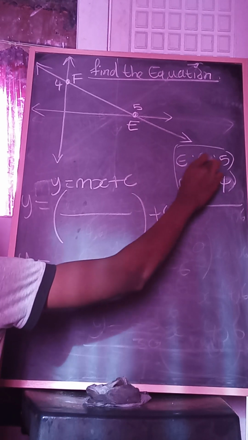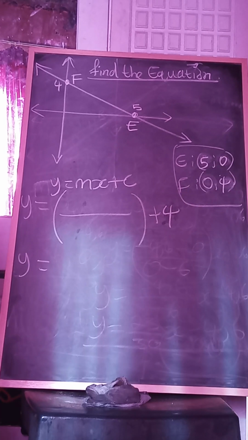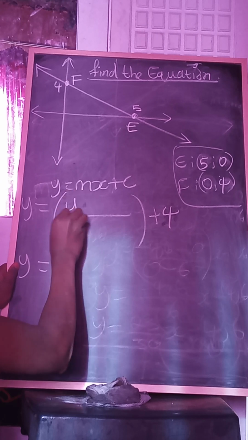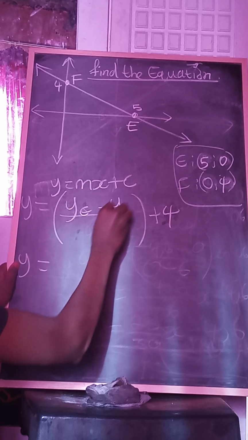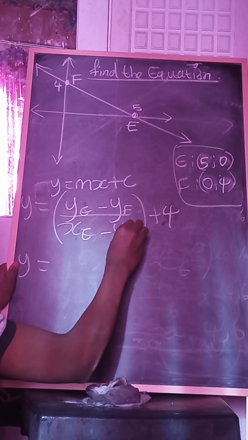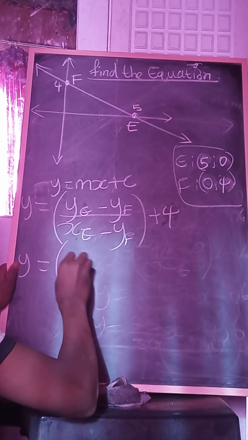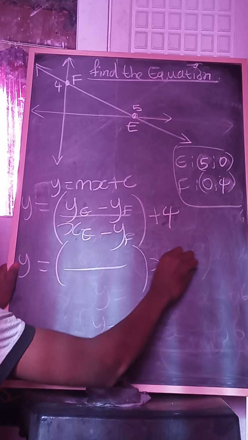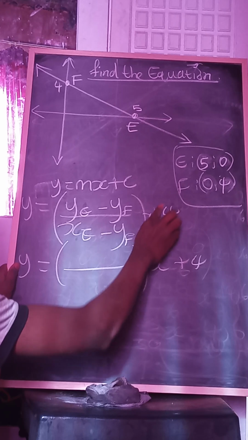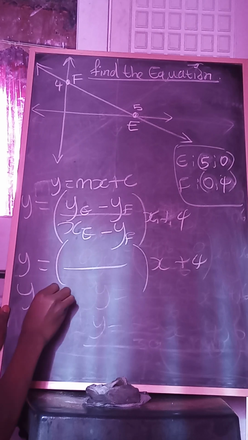And 5 and 0, like this. Then you'll say y_E minus y_F over x_E minus x_F.